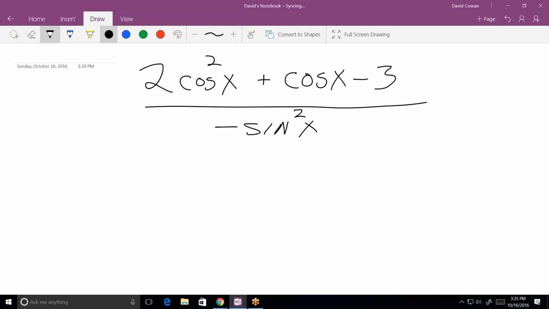What's that all supposed to equal? That equals 2 cosine x plus 3 over cosine x plus 1.